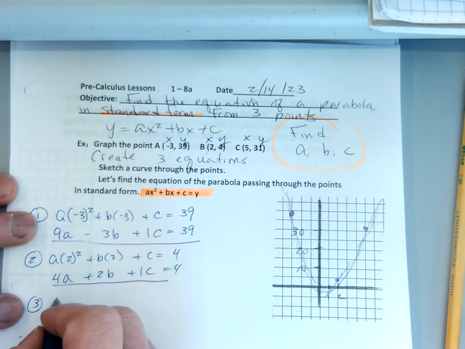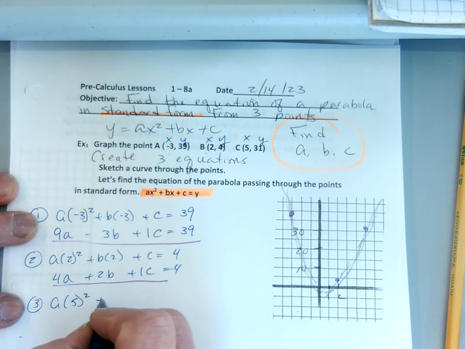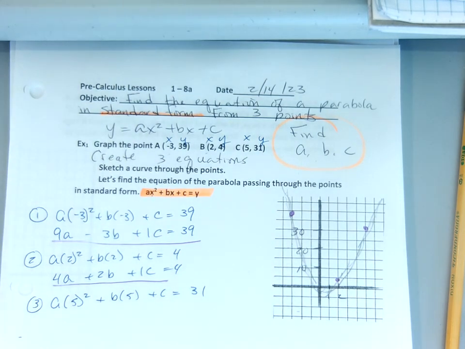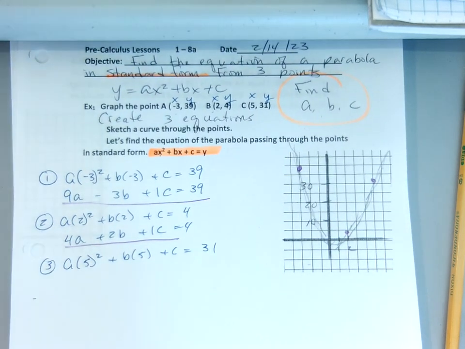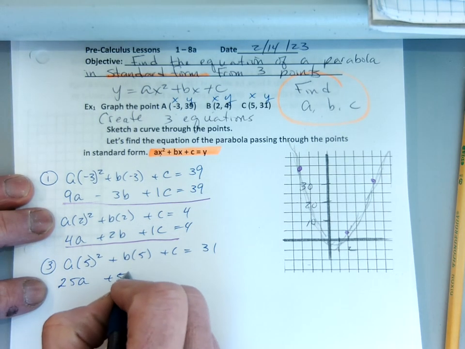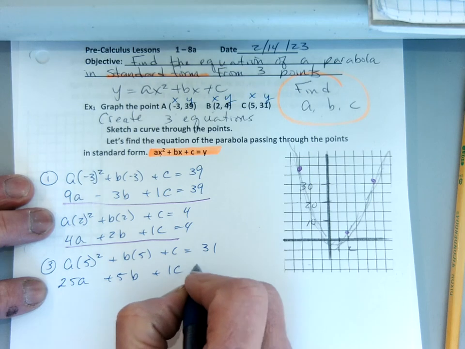So I'll rewrite this as a times 5 squared plus b times 5 plus c equals 31. And I will simplify that as 25a plus 5b plus 1c equals 31, okay?